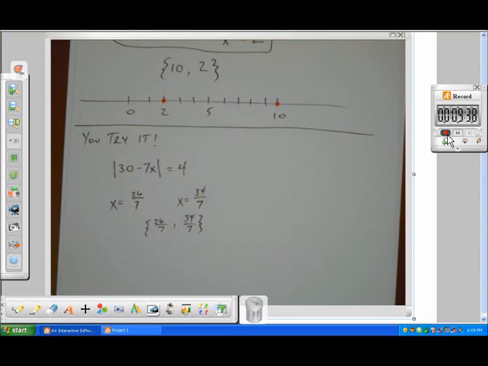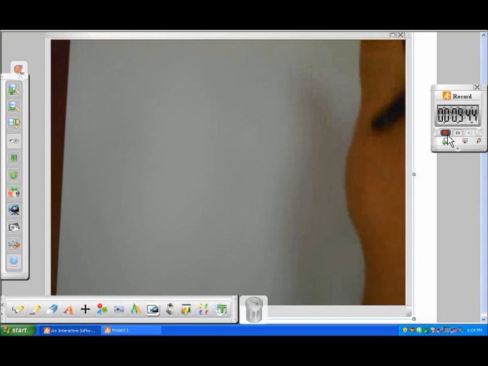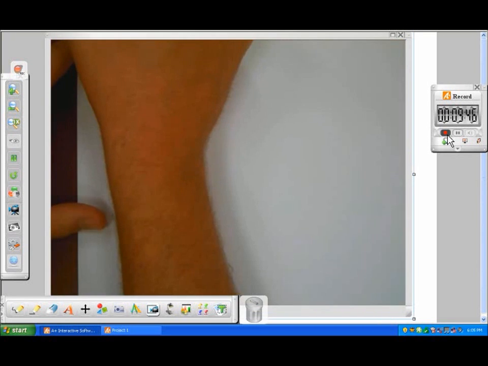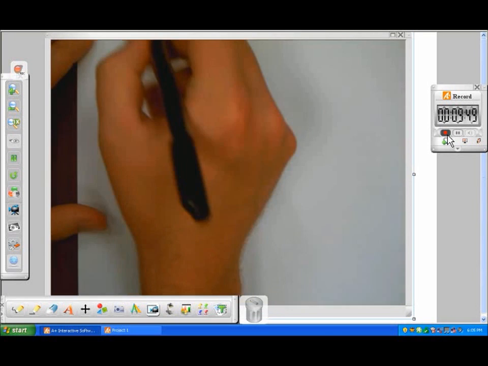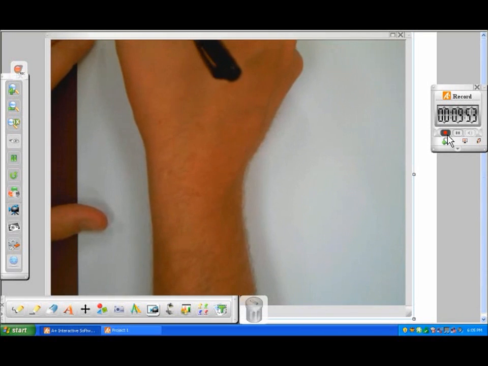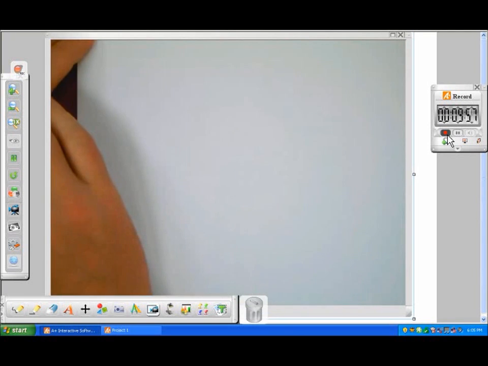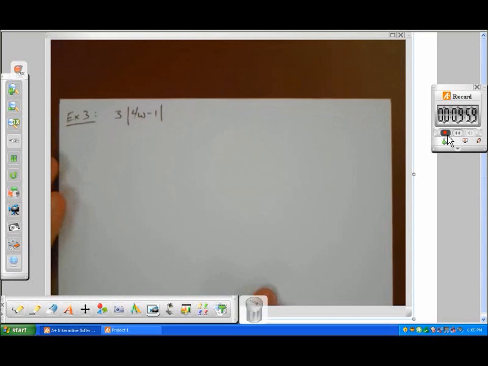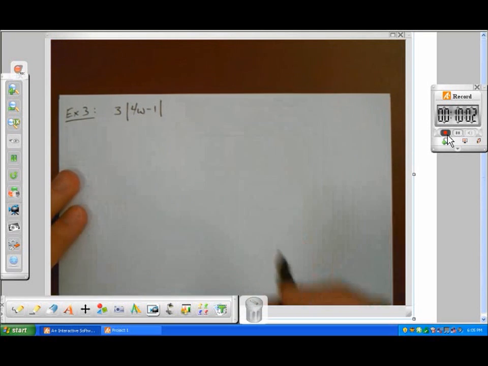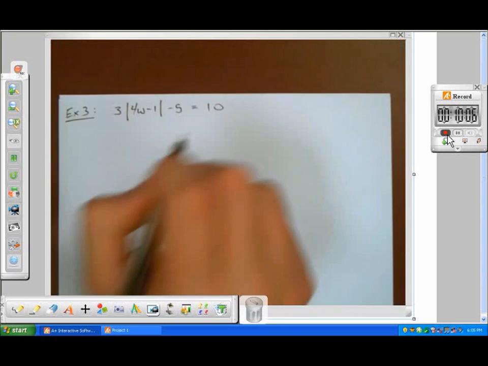All right, it's time for two more examples, example 3 and 4. Example 3 is 3 times the absolute value of 4w minus 1, and that's all in the absolute value, minus 5 equals 10.